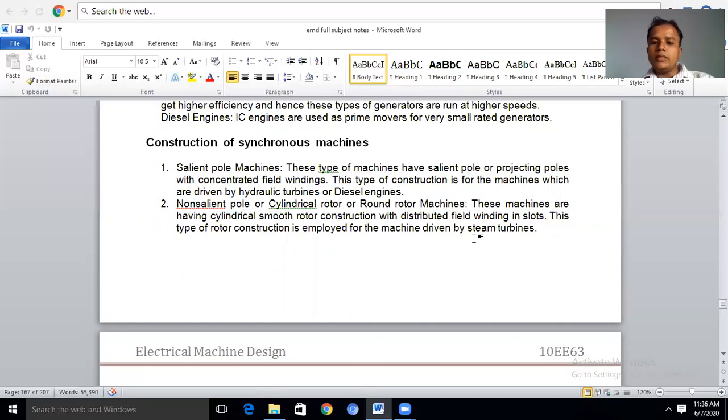The water is superheated, so that steam is stored in a particular chamber, and then by using the nozzle it is allowed to fall on the turbine blades. That is a different procedure. So these are the two types of machines.